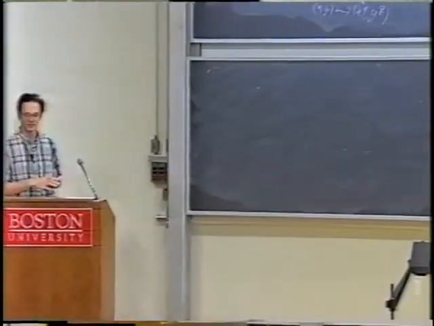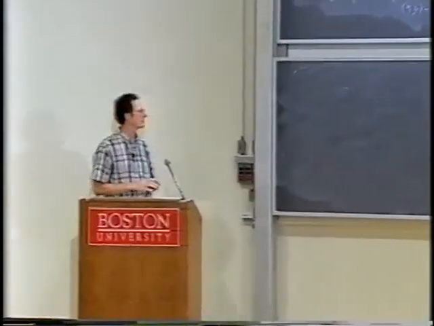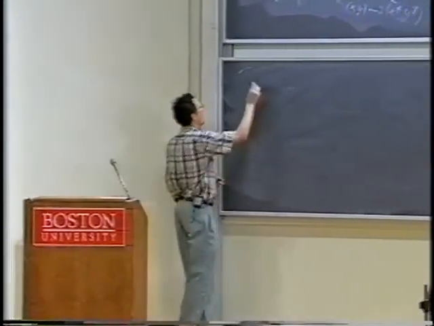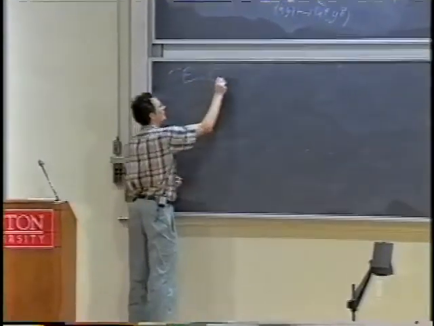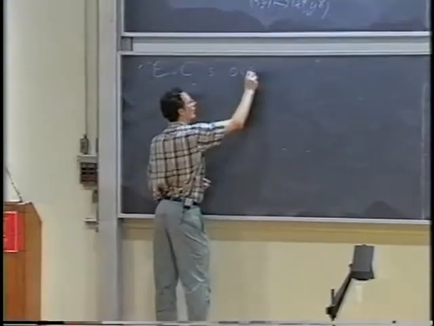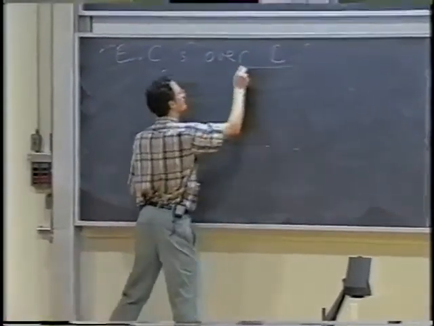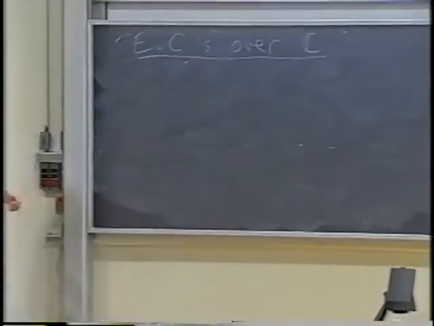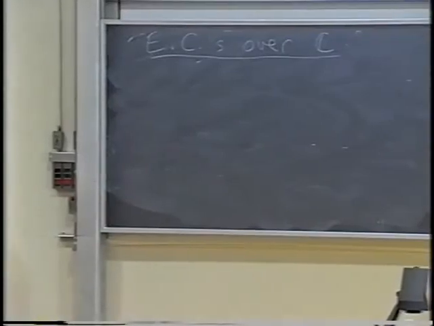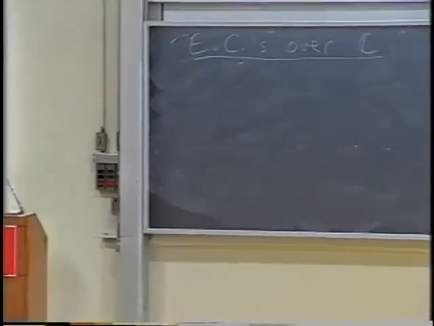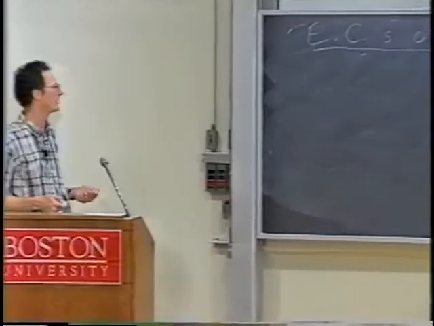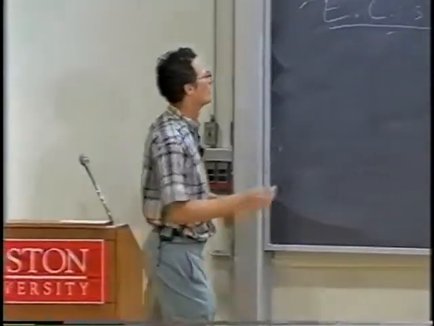Okay, having discussed elliptic curves over finite fields, let me jump to the other extreme and talk about elliptic curves over the complex numbers. Here one has a very, very nice description in terms of elliptic functions. In fact, this is where the whole theory began in some sense.